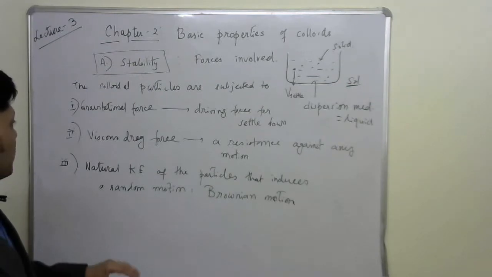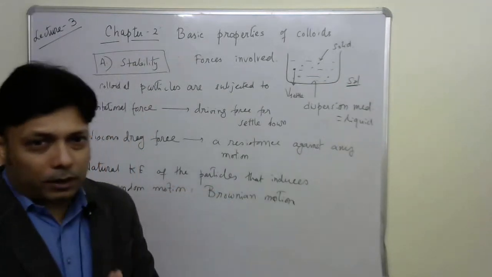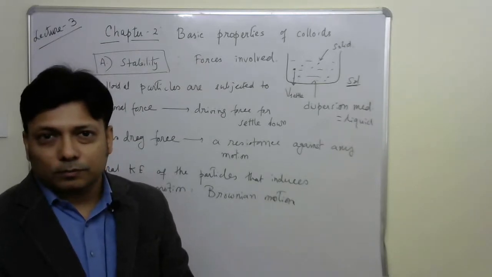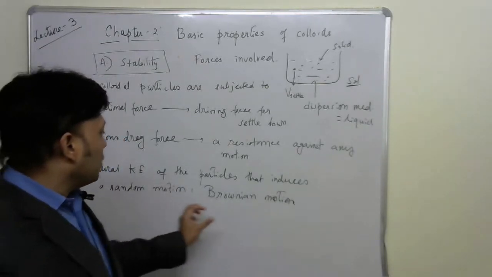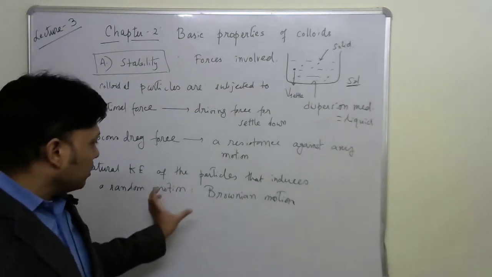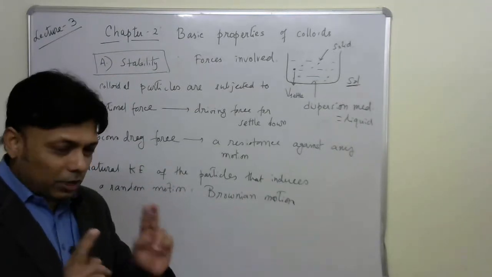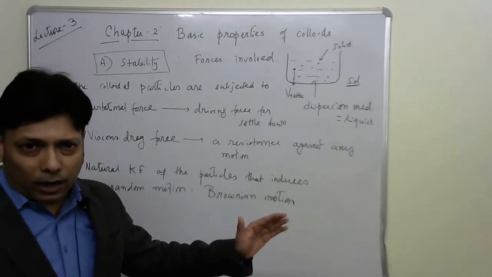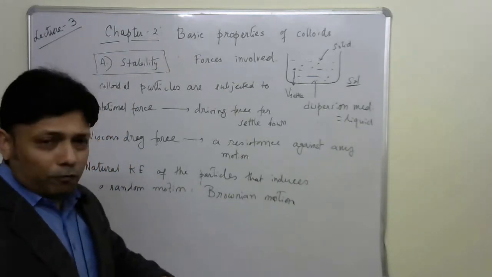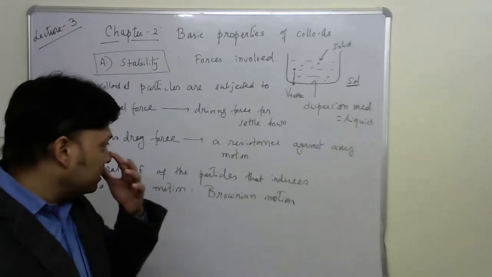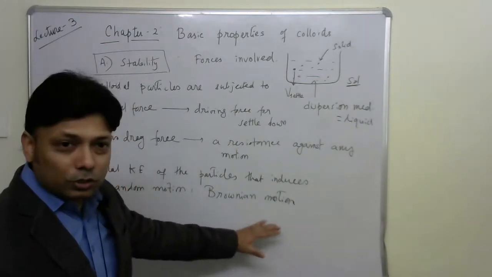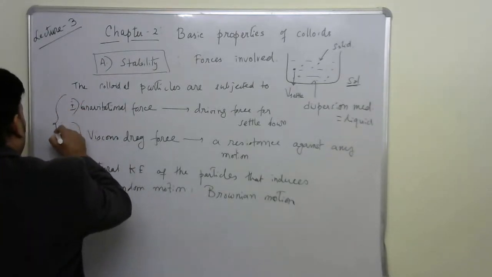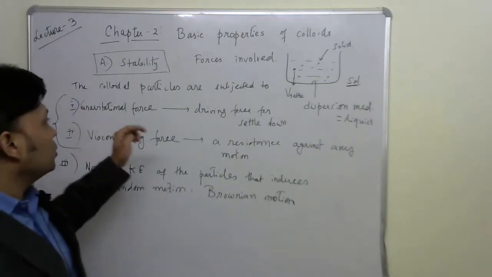So now let's think about little bit bigger particles that are not under Brownian motion. Okay, because you understand that the size range of the particles capable of showing Brownian motion is not a very wide range. So basically a vast range of colloidal particles do not have the luxury to show Brownian motion, so therefore they are mostly subjected to these two kinds of forces.